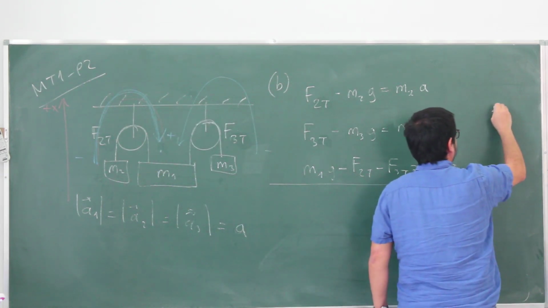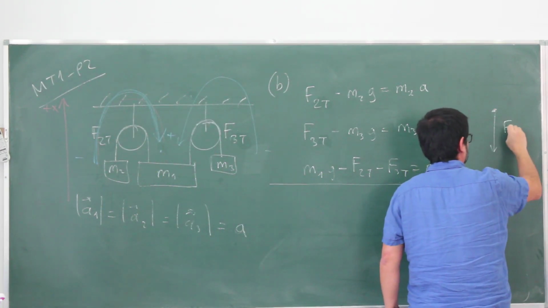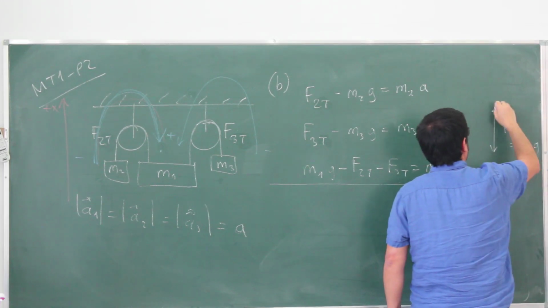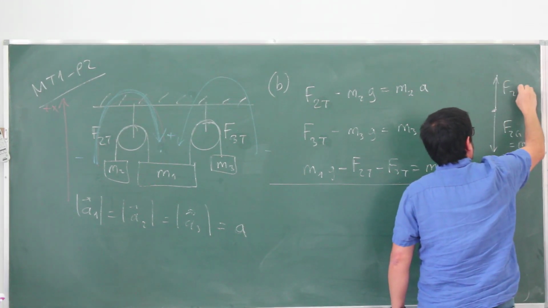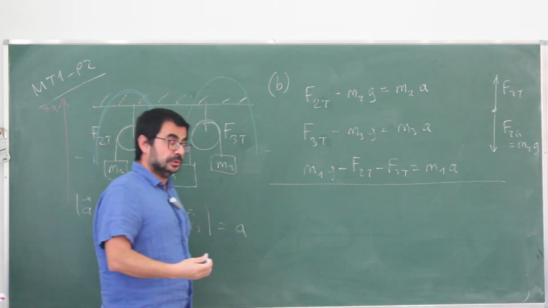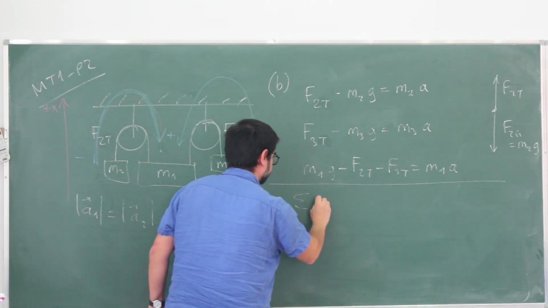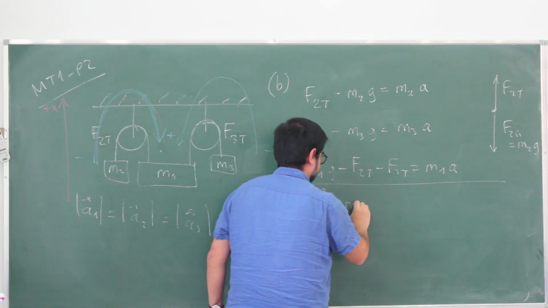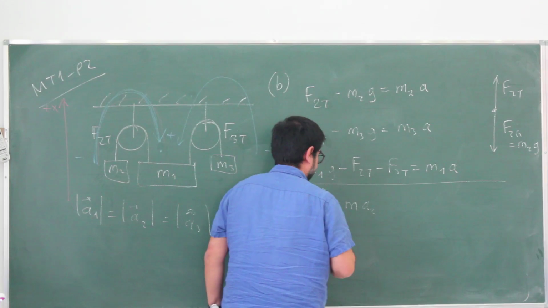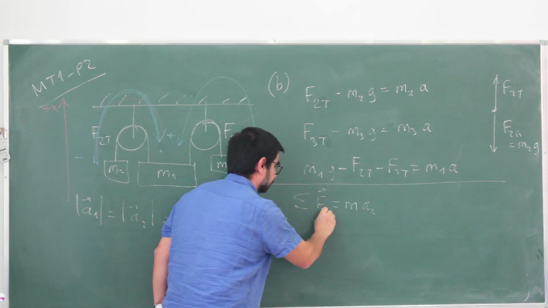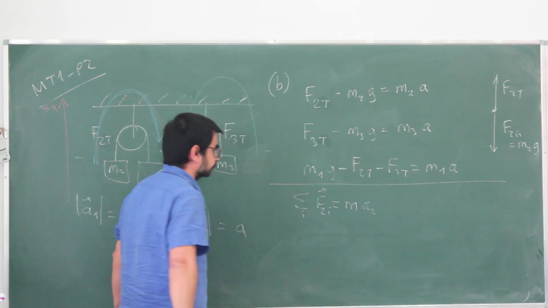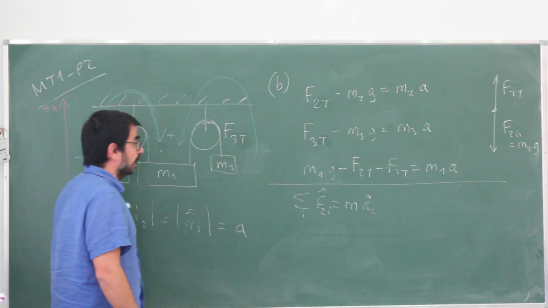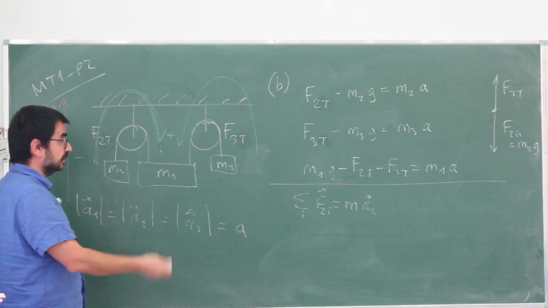Remind ourselves that this is F2G, this is M2G in magnitude, and this is F2T. Now, Newton's second law says that the vector sum of all forces is m times A2. Sum of all forces on 2 is going to be m times A2. And what are all those forces? Let's write down their x components.